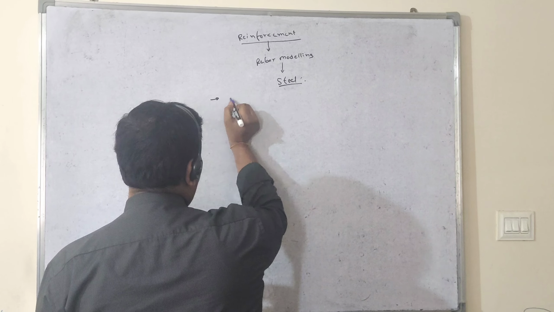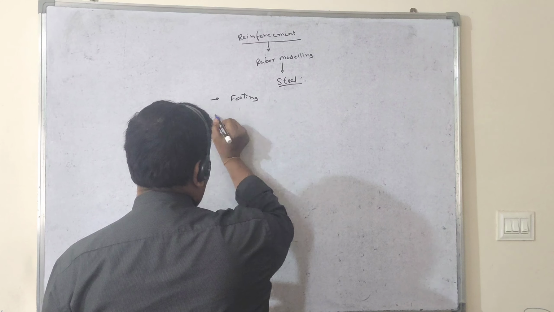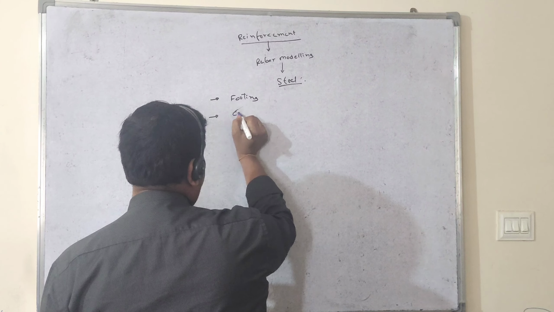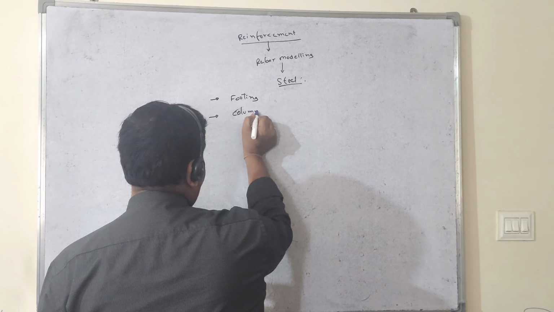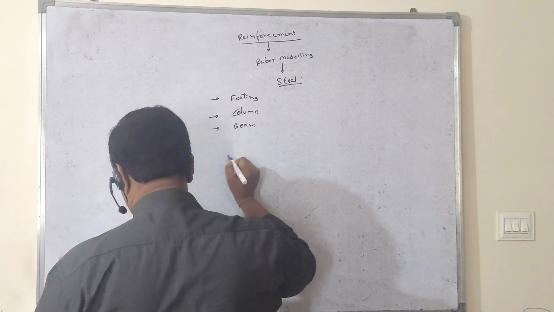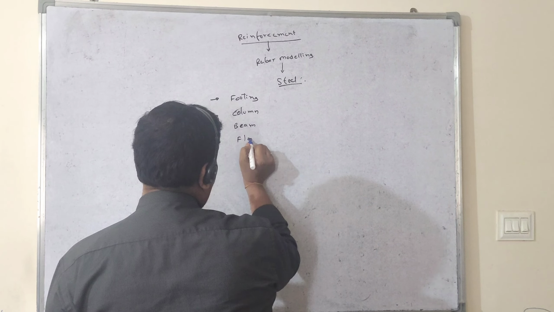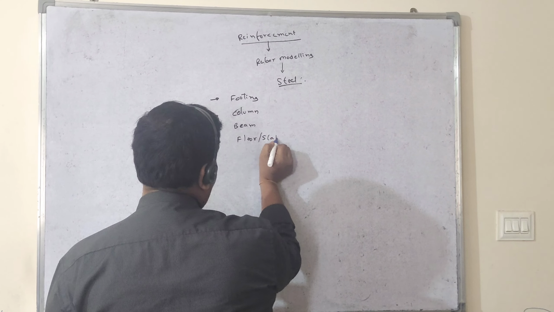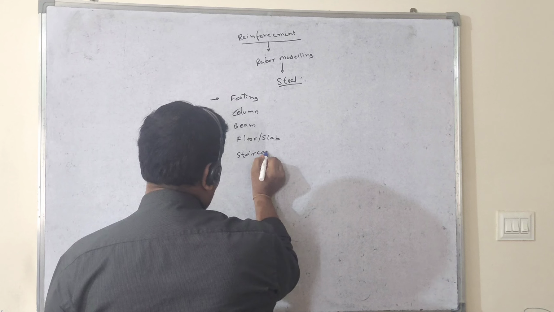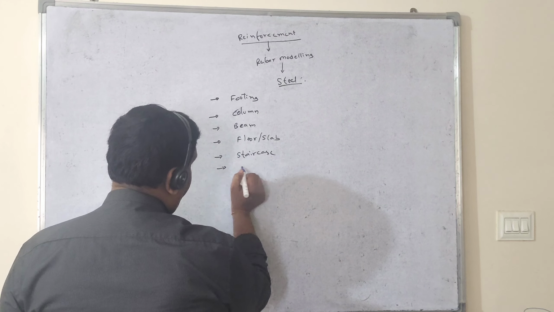Whatever the components are, for the footing and the foundation we will prepare the reinforcement. For the structural column also we will prepare the reinforcement. Beam also. Floor or slab, that also. Staircase, in a monolithic staircase also we are going to provide the reinforcement, even the ramp.